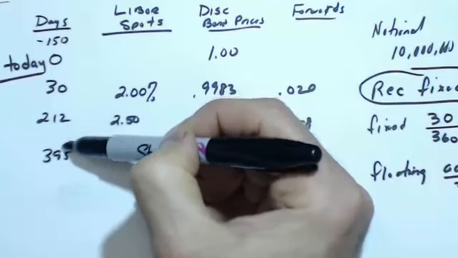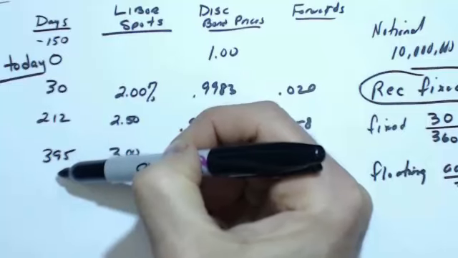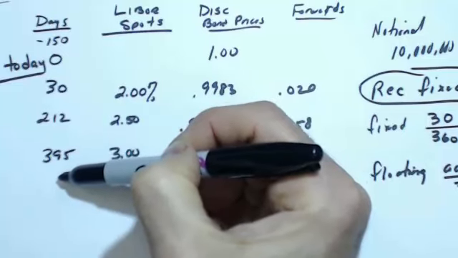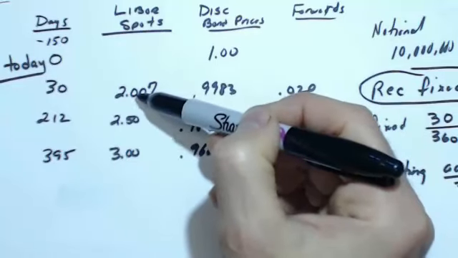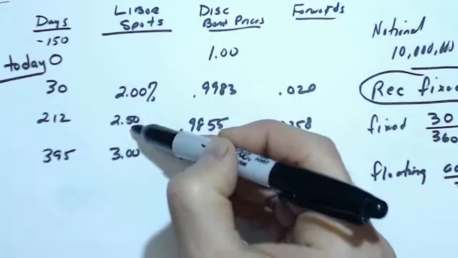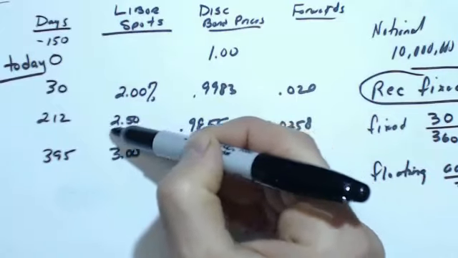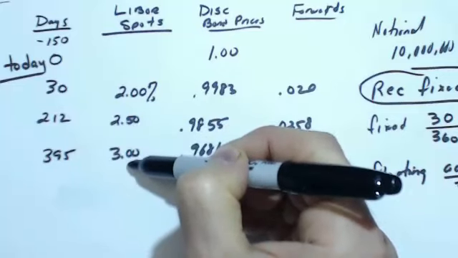Add another 183 days, another 6 months, and the last cash flow is 395 days from now. What's also given here are the spot rates. The first spot rate is 2%, the spot rate for the next time frame is 2.5%, and then the next spot rate is 3%.